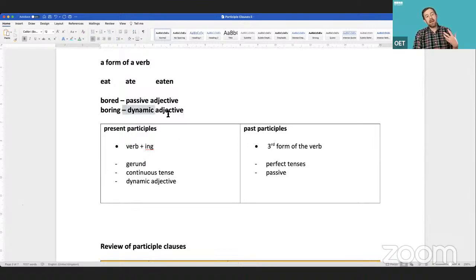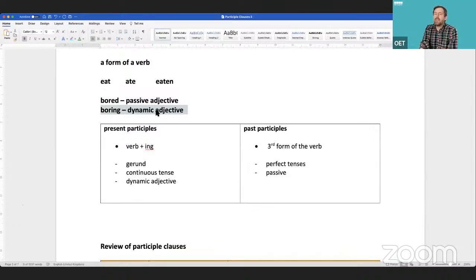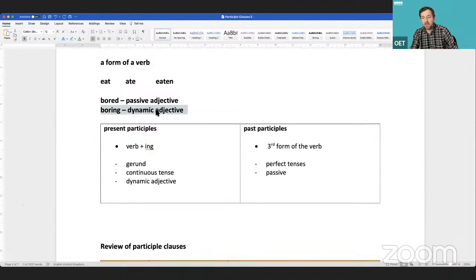Sometimes these dynamic adjectives are with an ing. Boring. What else could there be? Have you got any others? Frightening. Blurred and blurry. Exciting and excited. They're really similar. Disappointing, disappointed. Just imagine you come in with some ice creams. Are your children exciting or is the ice cream exciting?